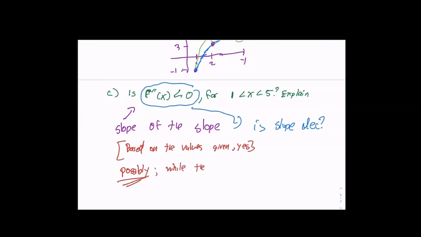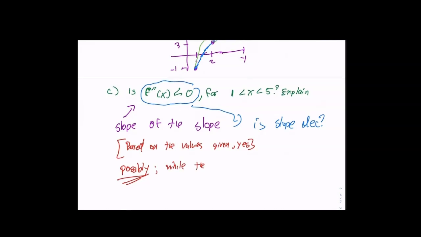Well, so most of you are saying yes again. The answer really is possibly. While the slopes are decreasing for the table values given.